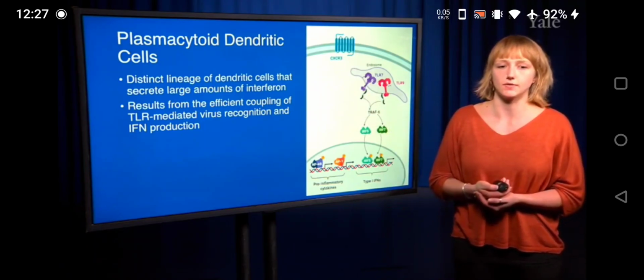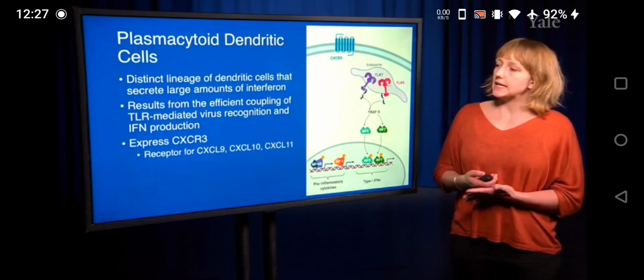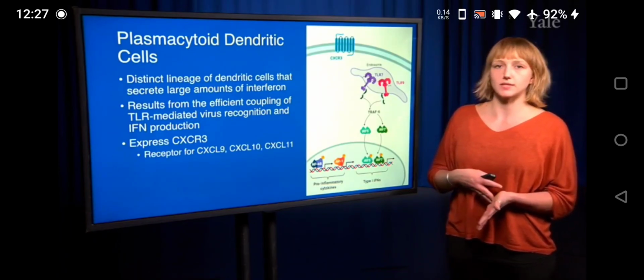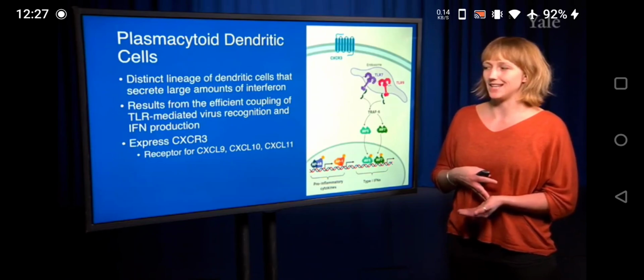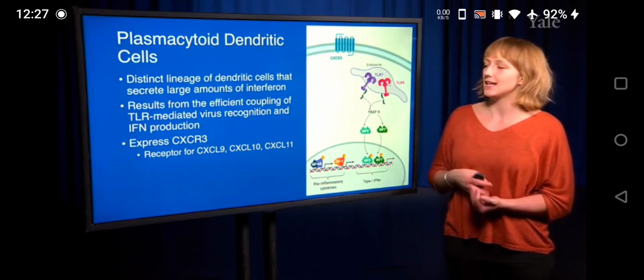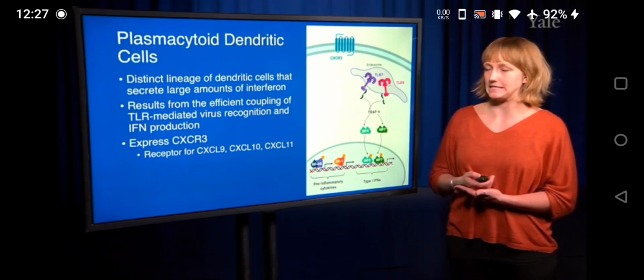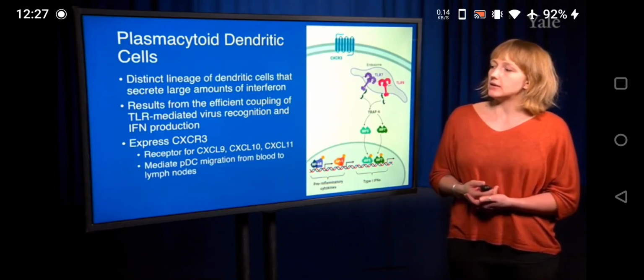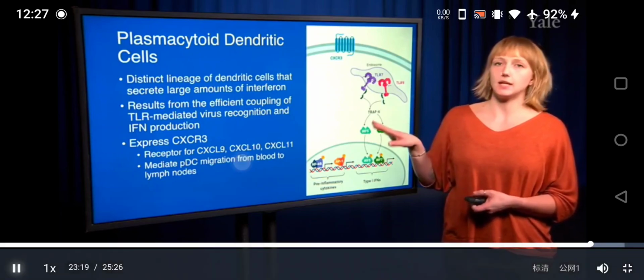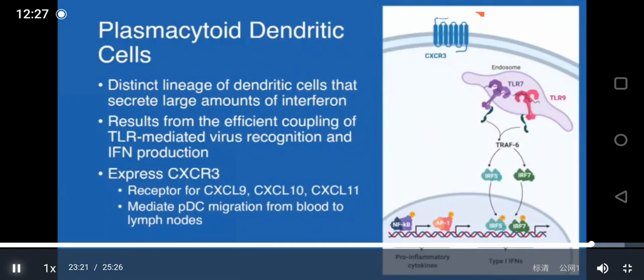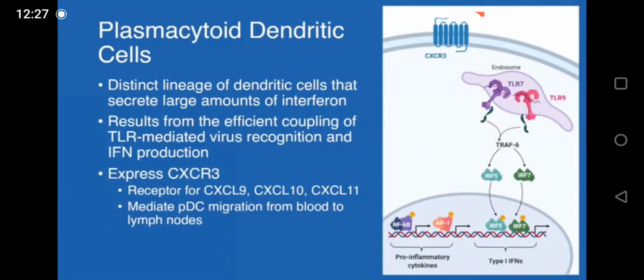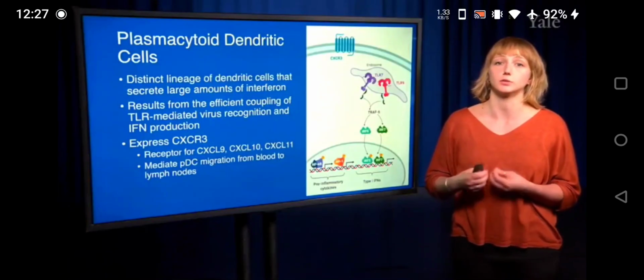CXCR3 is a receptor for CXCL9, CXCL10, and CXCL11, which are all made by T cells. The presence of CXCR3 on the surface of the PDC mediates PDC migration from the blood to the lymph nodes.